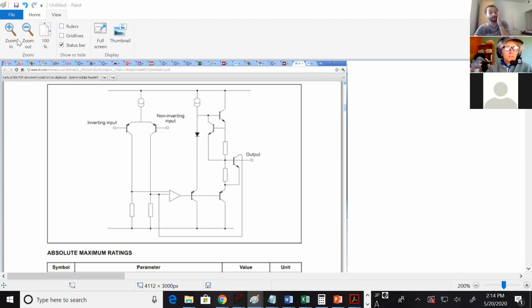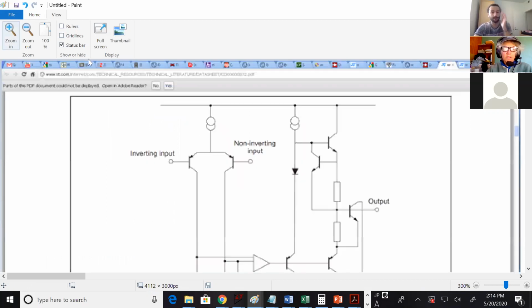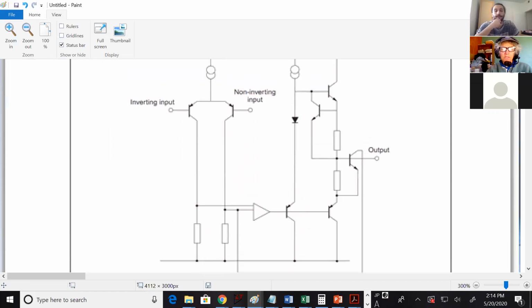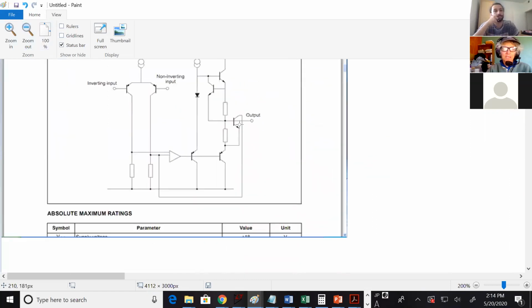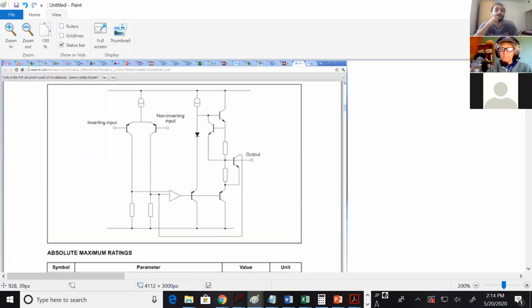Okay, so actually, can I make it bigger? I don't think I can make it too much bigger. Oh, so close. How about this? Let me try something. This may just wreck it. Let's try shrinking it a touch.